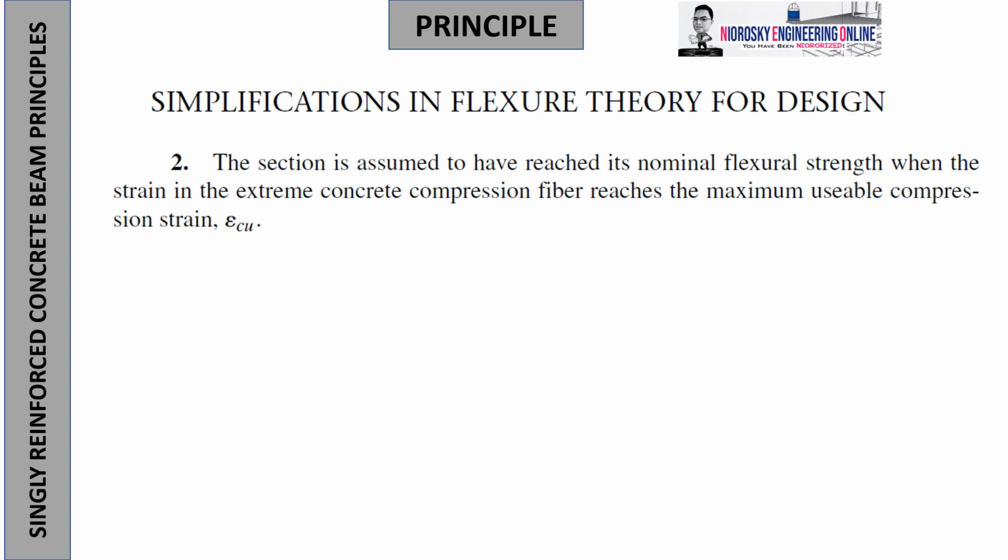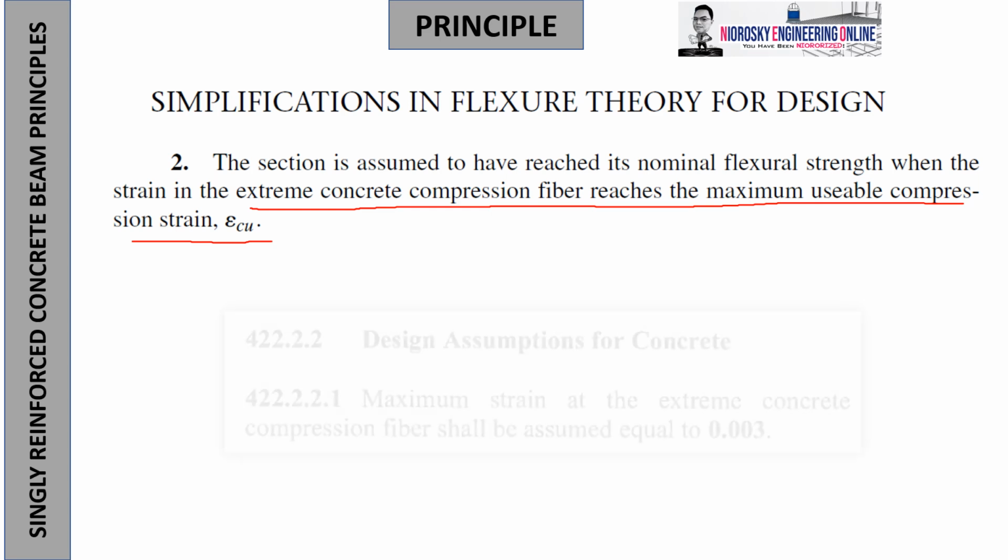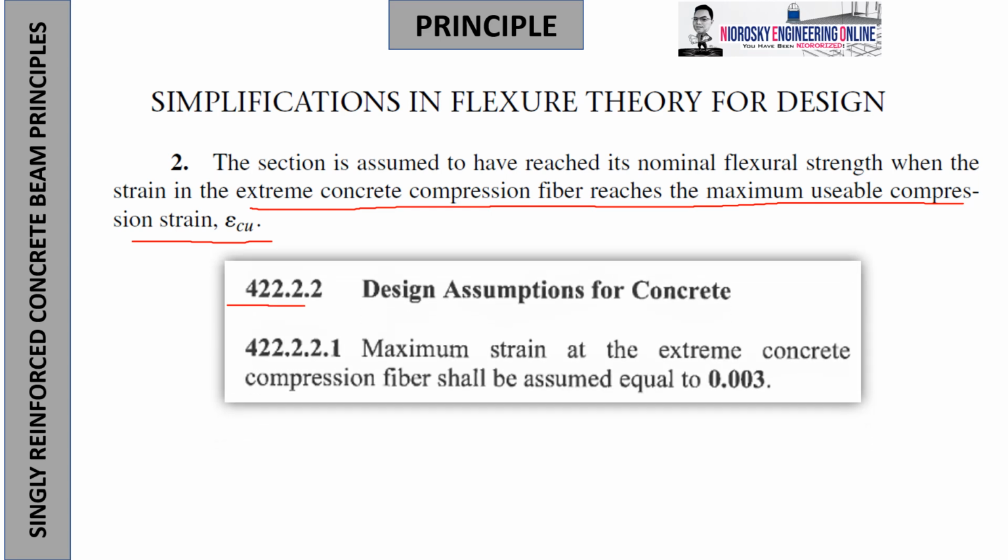Okay, number 2 assumption. The section is assumed to have reached its nominal flexural strength when the strain in the extreme concrete compression fiber reaches the maximum usable strain of epsilon sub cu. Ano ba yung ultimate? So under 422.2.2.1, the maximum strain at extreme concrete compression fiber shall be assumed equal to 0.003.